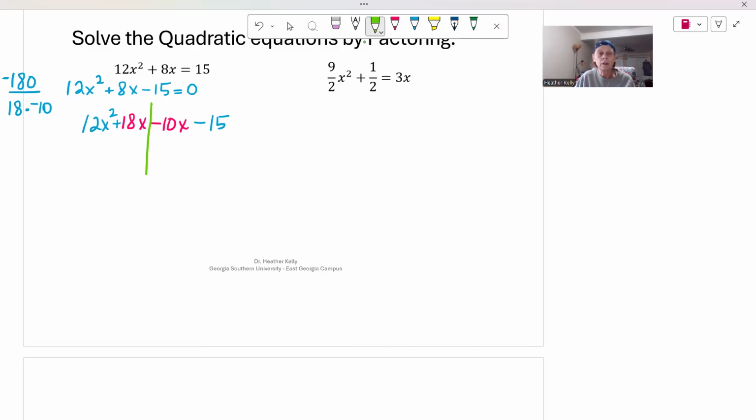Split it in half. What is the greatest common factor of 12 and 18? It looks like 6, so we can pull out 6x. We pull out 6x, we're left with 2x plus 3. That's our twin. I'm going to write it down again.